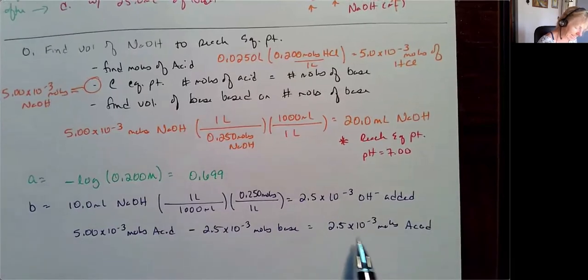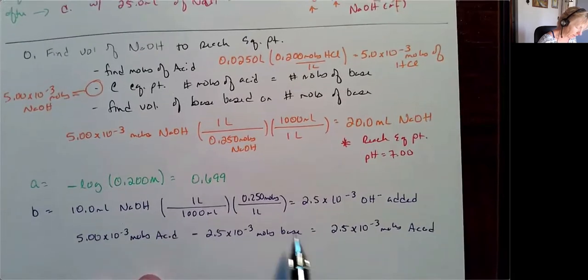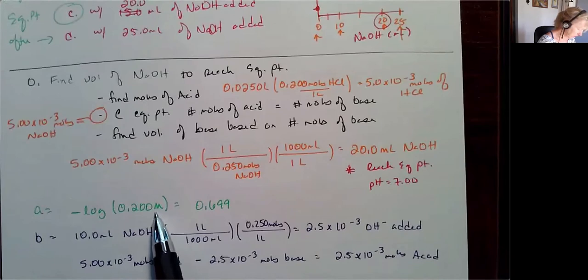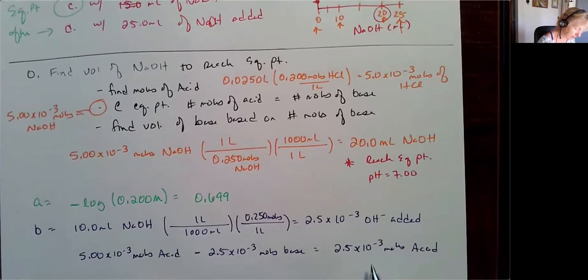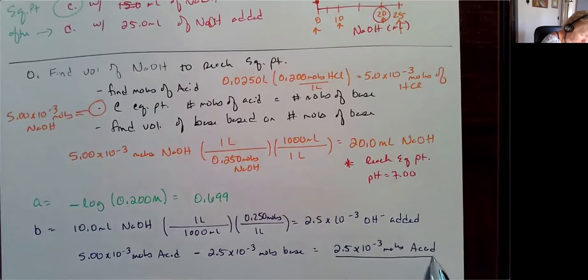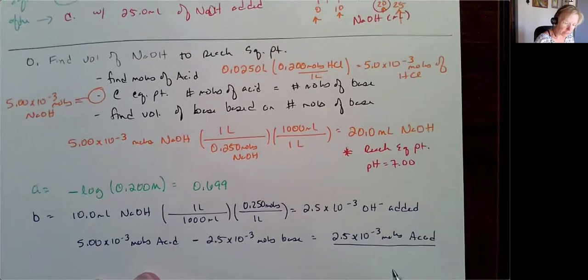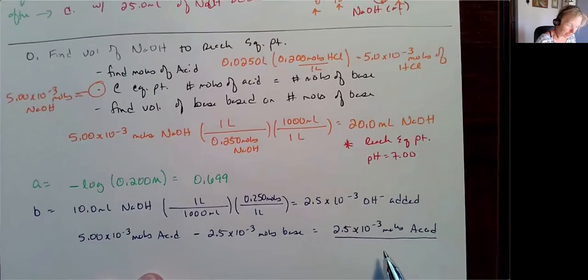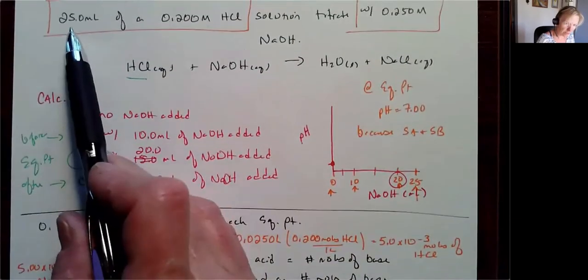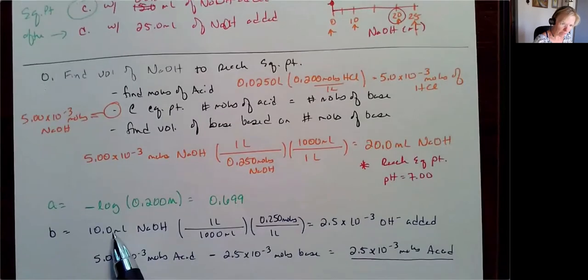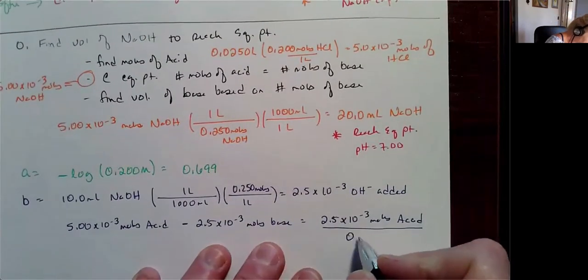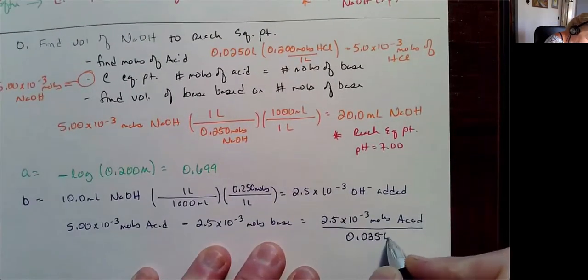Now I can't take this value and take the pH of it. This has got to be in units of molarity. So I have this many moles of unreacted acid, and I'm going to find my new concentration by dividing it by the total volume that's in my solution now. I started with 25 mL and I've added 10 mL, so my total volume is going to be 0.035 liters.